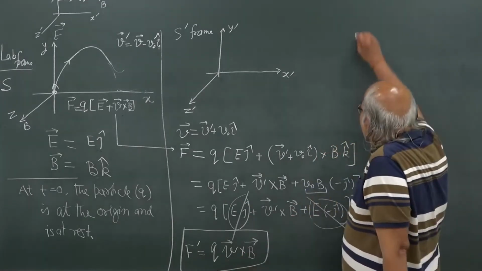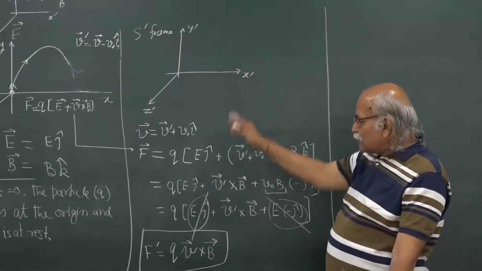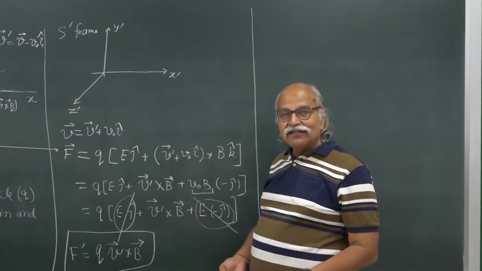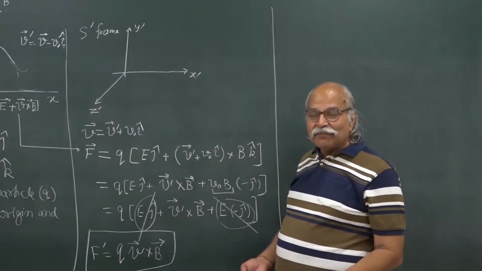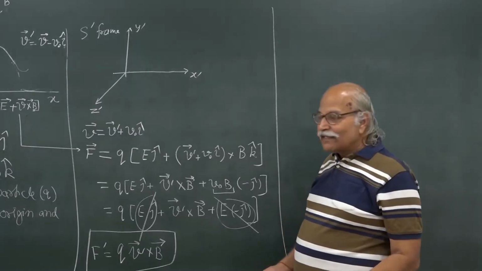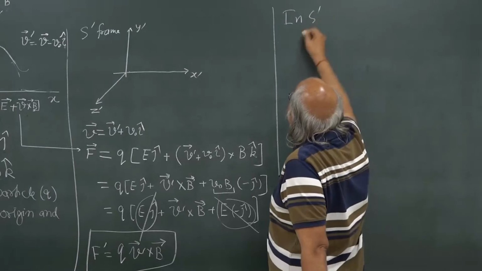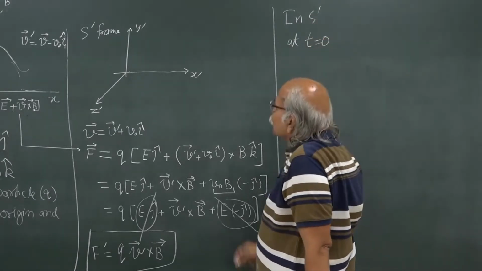Now coming to solving the equation in the S prime frame, our task is very simple. We only have a magnetic field and then there is a charge and it has some velocity. What happens at t equal to 0? At t equal to 0, we are in the S prime frame. What is the velocity of the particle?